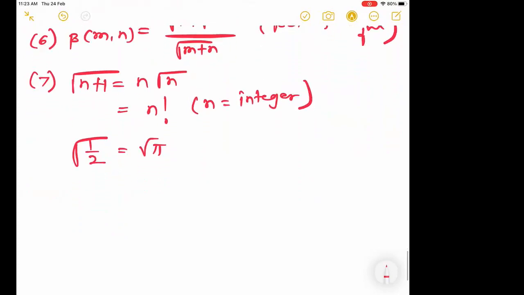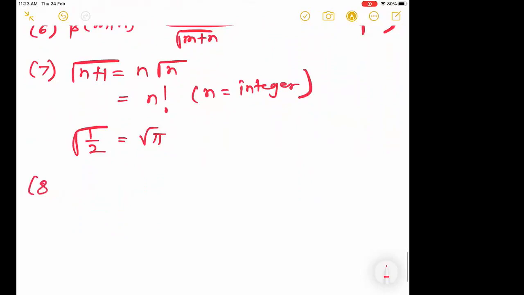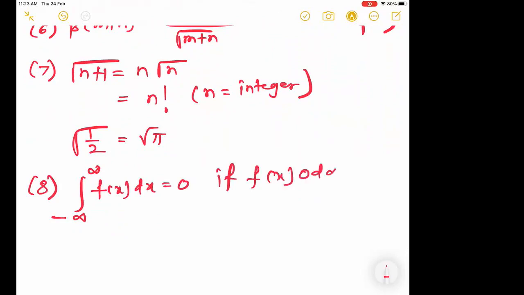And this property of the definite integral you already know. Integral from minus infinity to infinity of f(x) dx: the answer is 0 if f(x) is an odd function, and the answer is 2 times the integral from 0 to infinity of f(x) dx if f(x) is an even function.